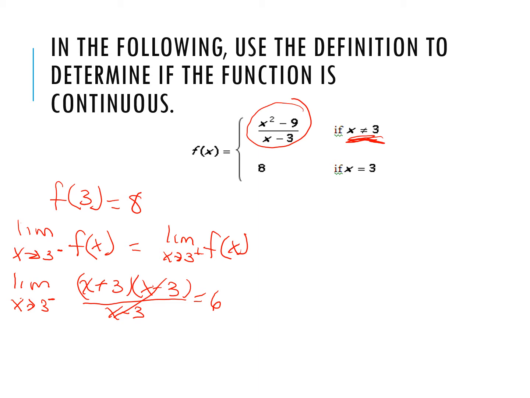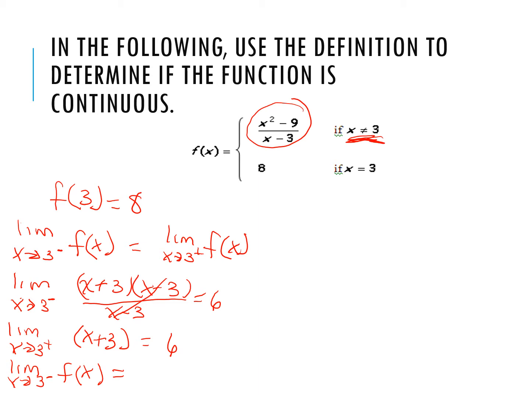The limit as x approaches 3 from the right would be, I've already factored it, so it would be x plus 3. Doing a direct substitution again, I get 6 again. So what does that tell me? That tells me the limit as x approaches 3 from the left of f of x is equal to, notice how much I'm writing the limit.